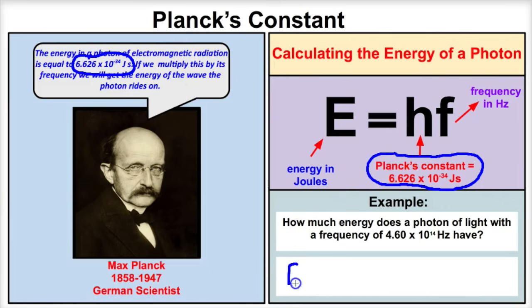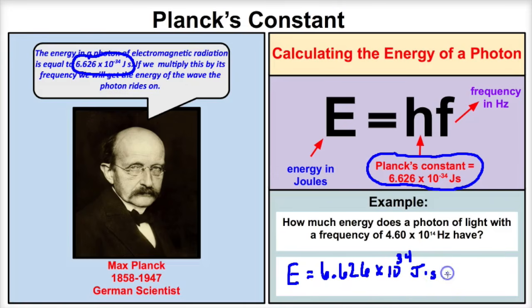So in this problem here, we're asked to determine how much energy does a photon of light have that has a frequency of this right here. So to do this, it's simple. To get the energy this photon has, we simply take Planck's constant, 6.626 times 10 to the negative 34th joules seconds. It's a weird little unit.